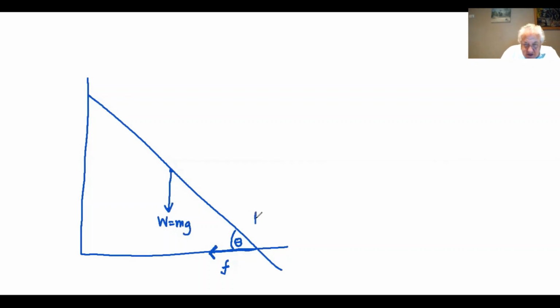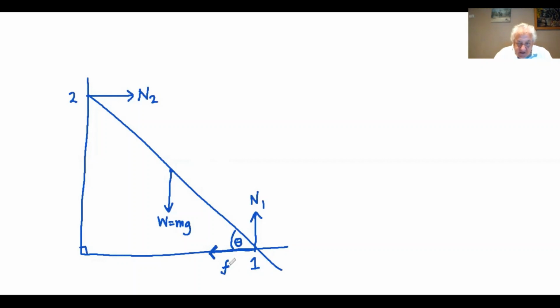There's a normal reaction here. I'm going to call this point 1, and this point 2. So this normal reaction is N1, and this normal reaction is N2. These are my only forces: my two normal reactions, my weight, and my frictional force. This, of course, is a right angle.